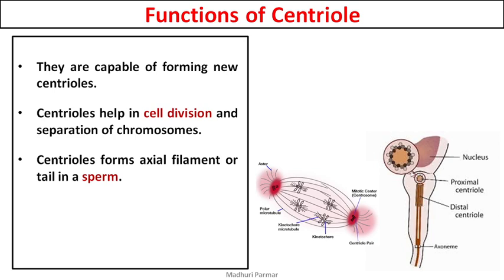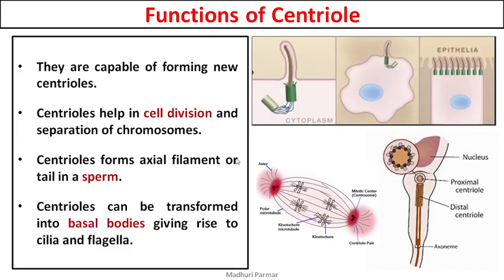This one is called proximal because it is in proximity, closeness, to the nucleus. And the second one is called distal, just to identify each of them. So here is where the centrioles are present, and through this distal centriole you will see that there are fibers coming out, and they will form the single flagella, or the tail in the sperm.